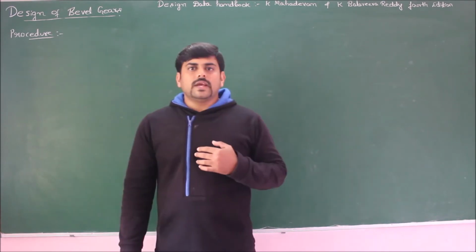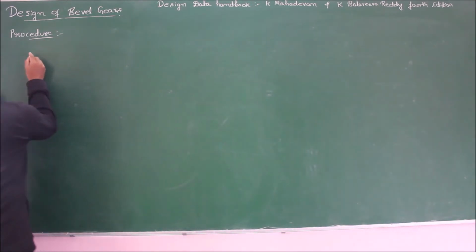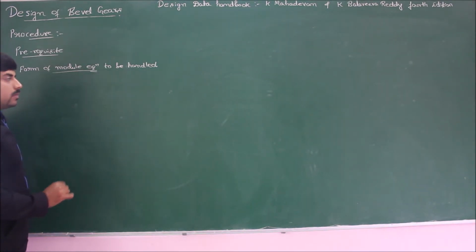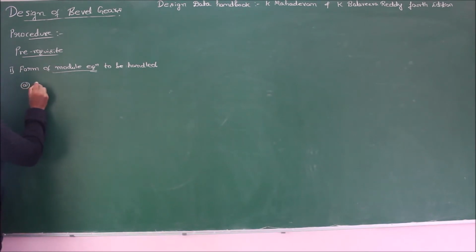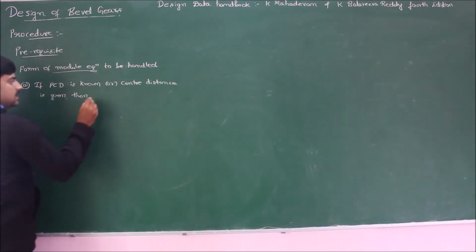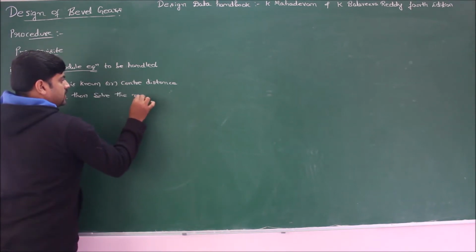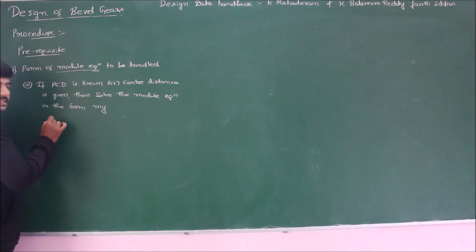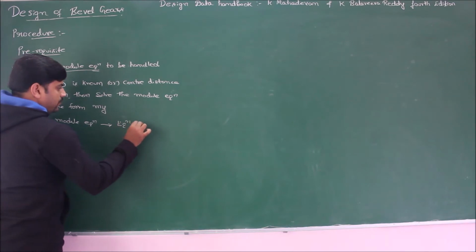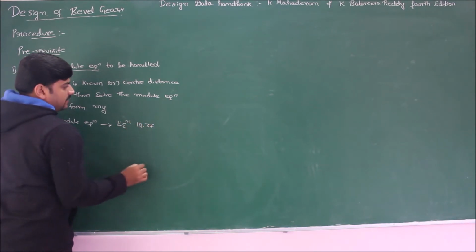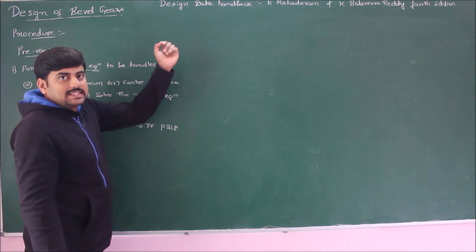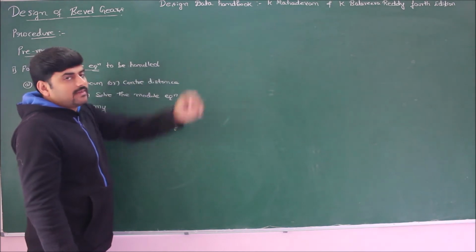So coming to the prerequisites, the first prerequisite is in what form the module equation is to be handled for the given problem. That is, if pitch circle diameter is known to us, then solve the module equation in the form m into y. The module equation is given by equation 12.37 of page number 218 of our design data handbook, which is written by K. Mahadevan and Balaveera Reddy.